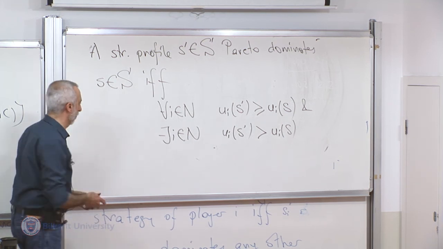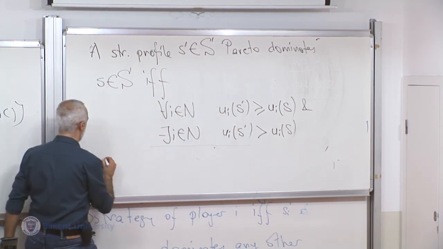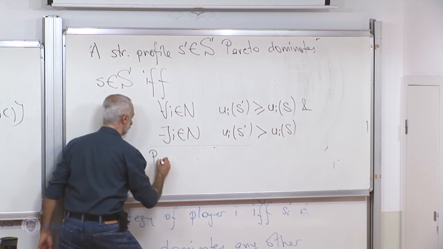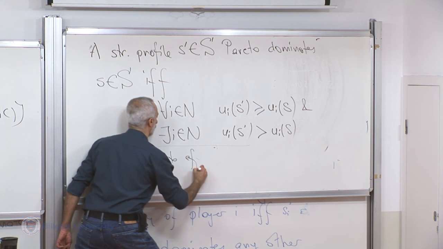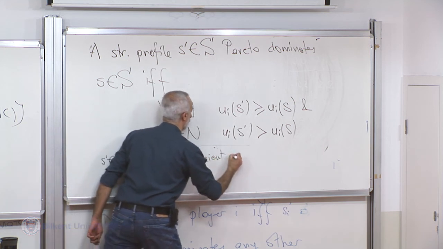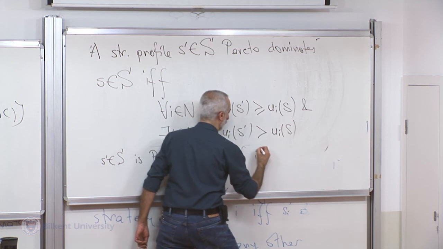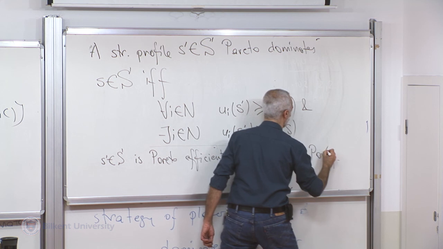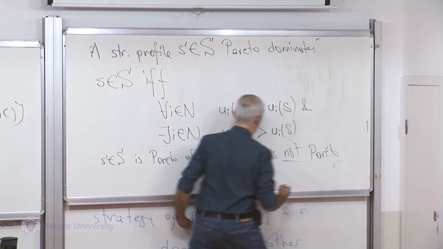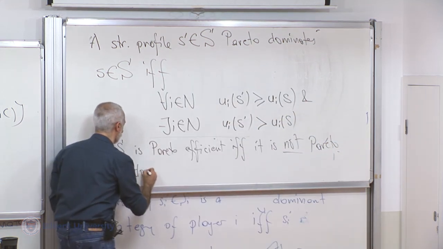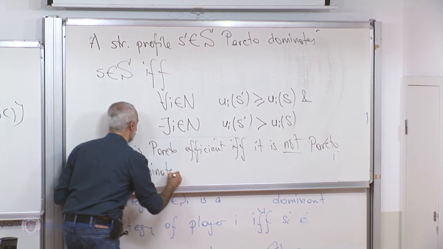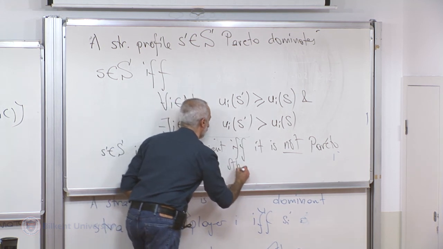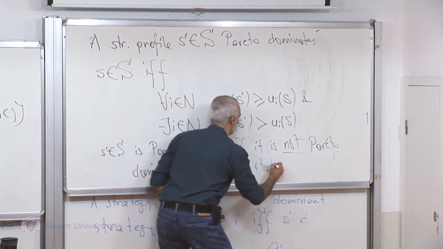We will say that S prime, again a profile, is Pareto efficient if and only if it is not Pareto dominated by any other strategy profile.